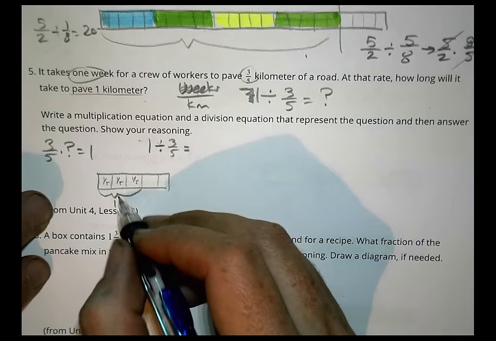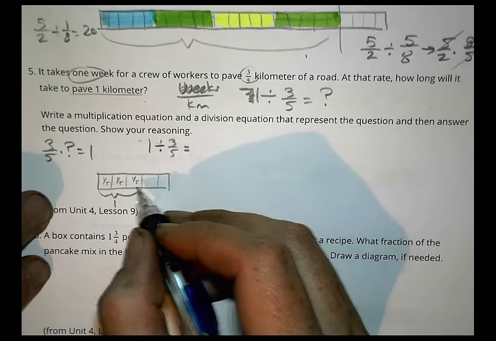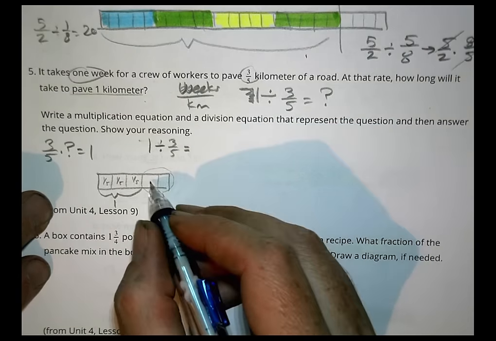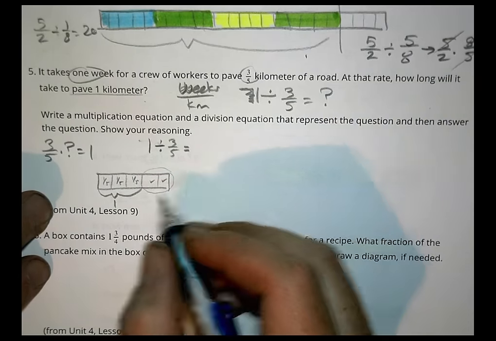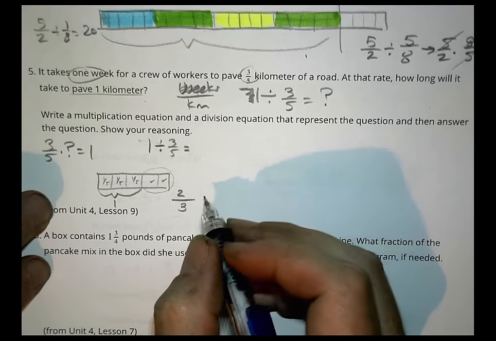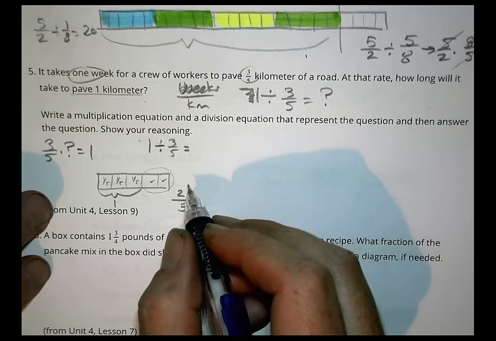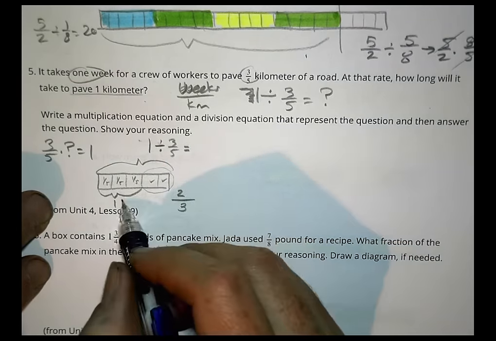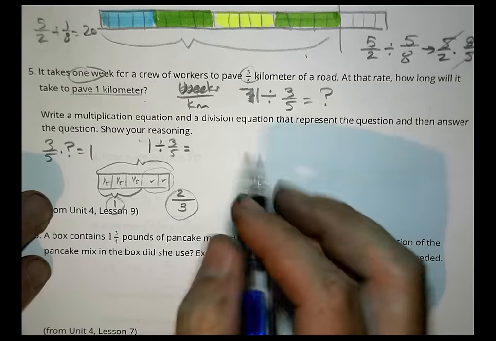In 1 week, they got 3/5 done. There's 2/5 more to go, and how many boxes are left? There are 2 boxes left, and it takes 3 groups to make a whole, so there's 2/3 left. So the whole thing is going to take 1 and 2/3.